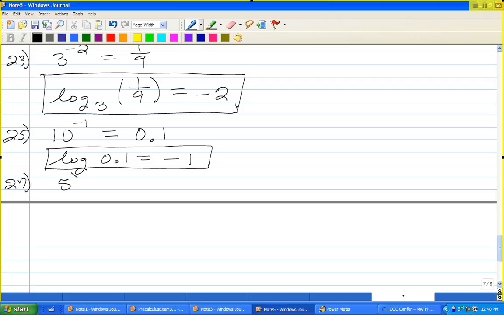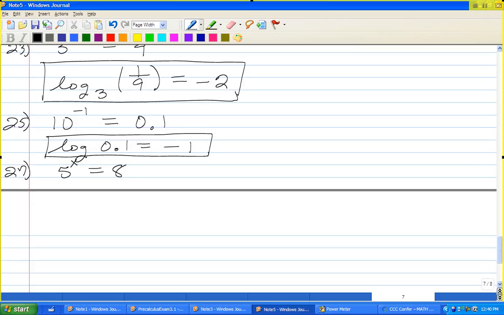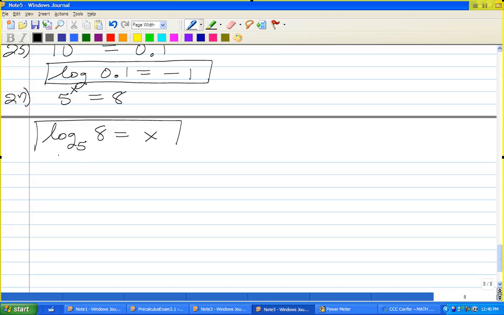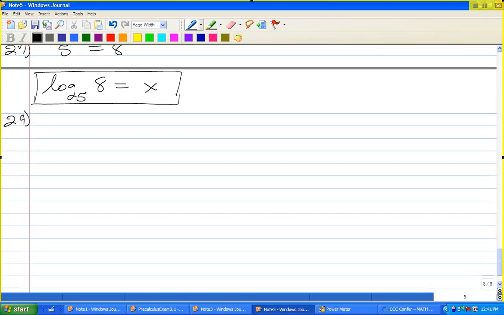5 to the x equals 8. So this can be written in logarithmic form. The log base 5 of the result 8 is the exponent x. 29. 6 squared is 36.